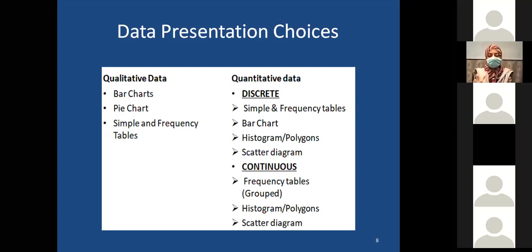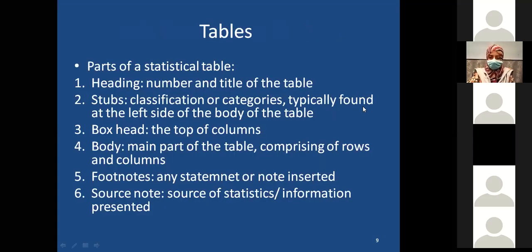Discrete means, for example, the number of patients, number of children, in which you do not have fractions. Okay? And in that case, you have simple and frequency distribution tables. You have bar charts, histograms, frequency polygons, and scatter diagrams. In continuous data, you have frequency tables, histograms, frequency polygons, and scatter diagrams.